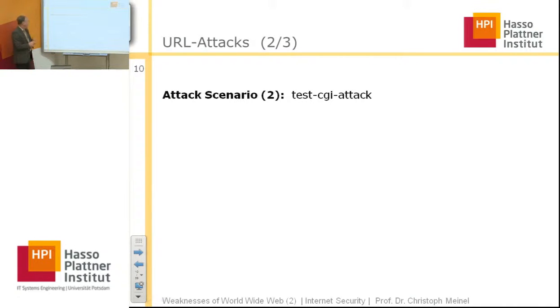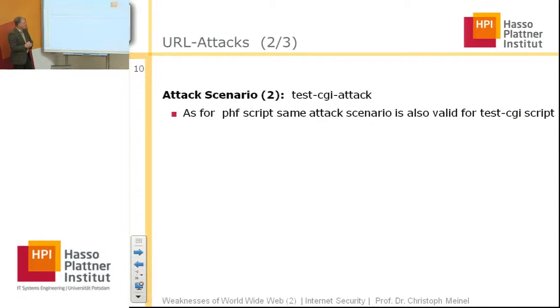There is a second attack scenario, very similar, but now not with a PHF file but with a test-cgi file. Same attack scenario is possible also for the test-cgi script.